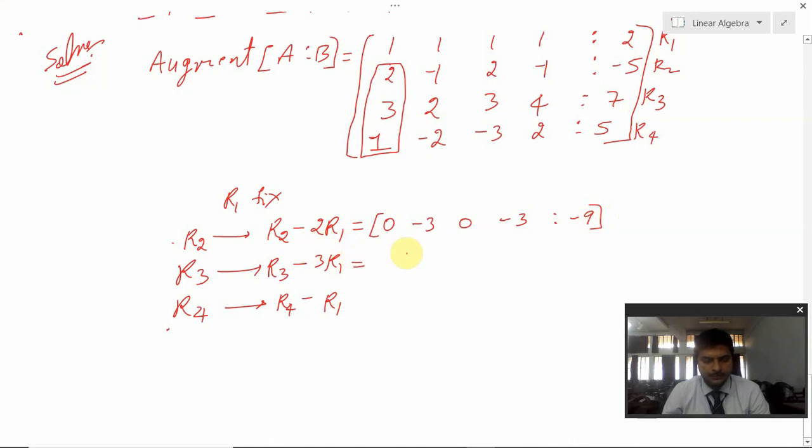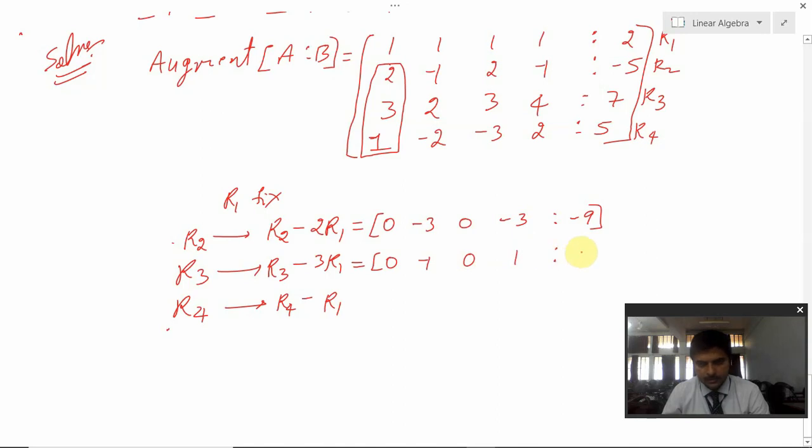R2 is changed now. R3 I will go. Yes, 1 3 minus 3 0. So look at the R3 and R1. I'm just multiplying R1 with 3 everywhere. So 3 minus 3 is 0. So 2 minus 3 is minus 1. 3 minus 3 is 0. 4 minus 3 is 1.